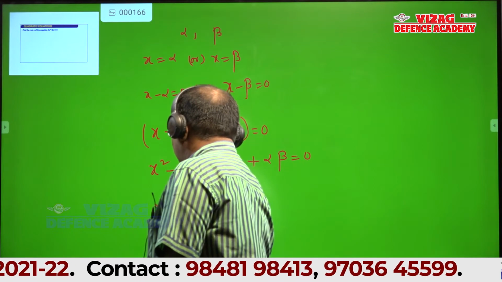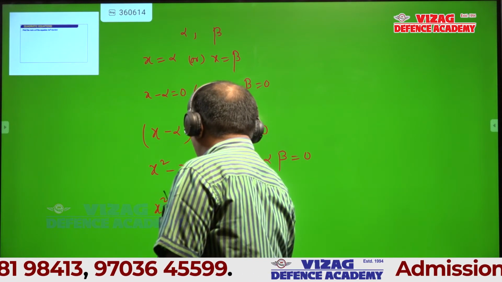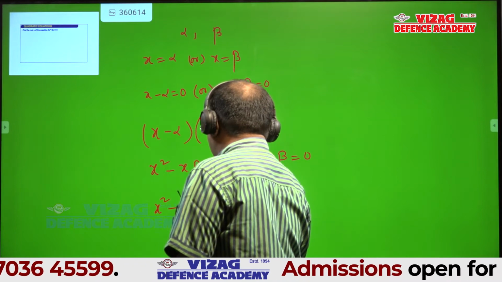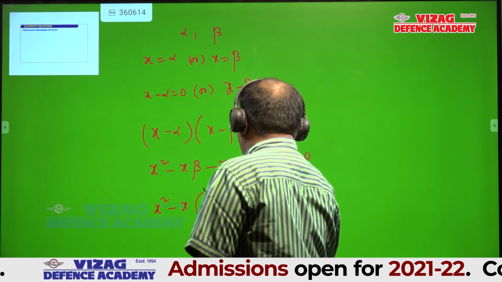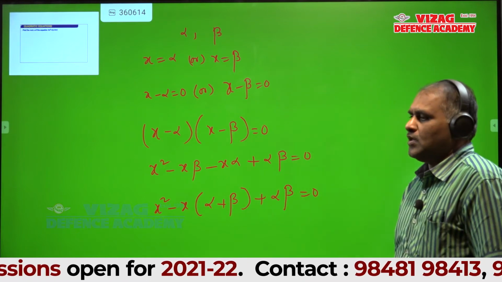Therefore, x square minus x into alpha plus beta plus alpha beta is equal to 0.